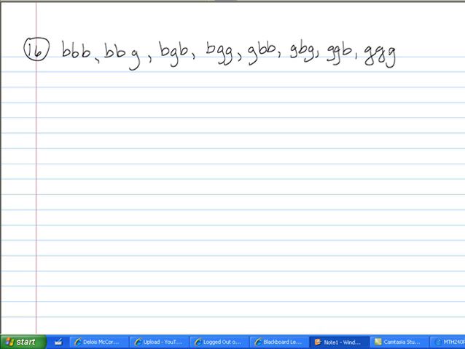So the mean number of girls in 3 births would be 1.5. And 1.5 over 3 would give us a proportion of 1/2. So the proportion of girls, the mean proportion, this is for a population.